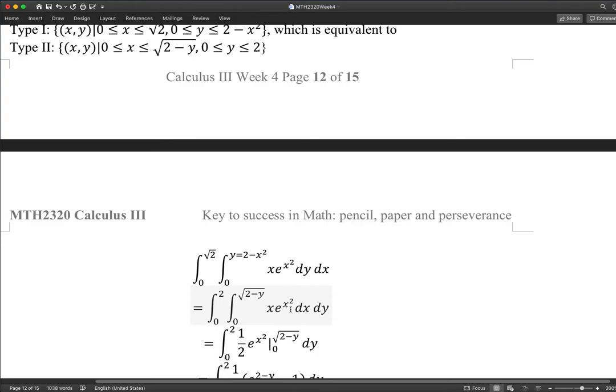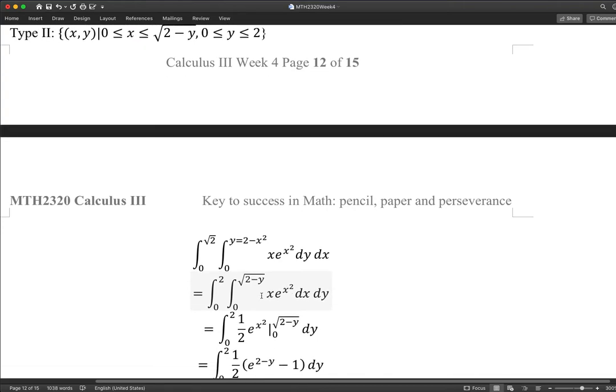When I look at the inner integral, you are going to need to know antiderivatives or integrals very well. I know this inner integral can be done very quickly using integration by substitution. It's all about x. And also, I need to replace x with 0 as the lower bound. I suppose that's not an issue.